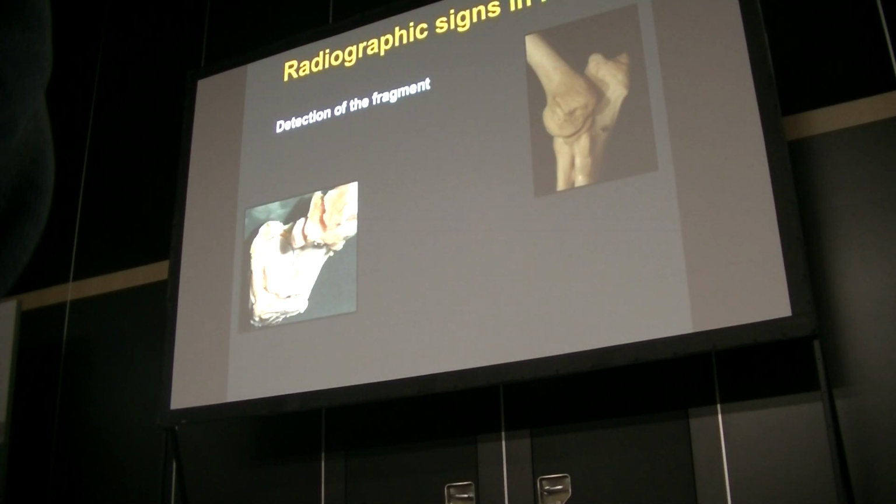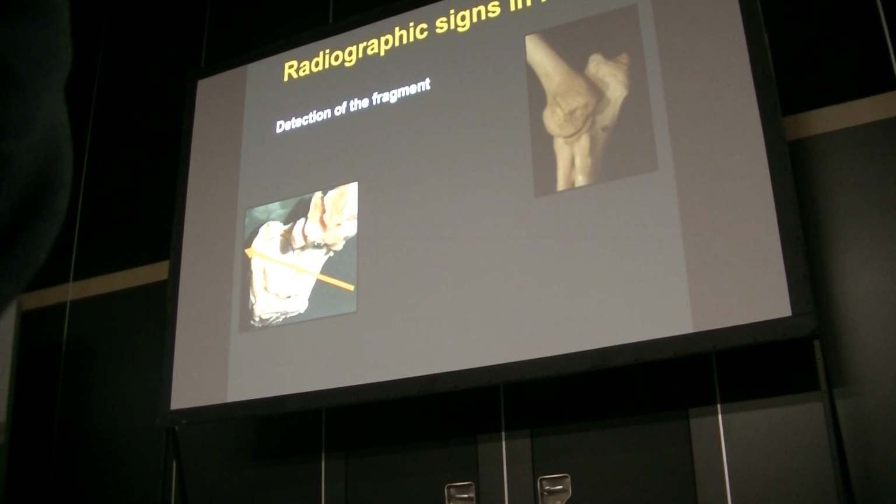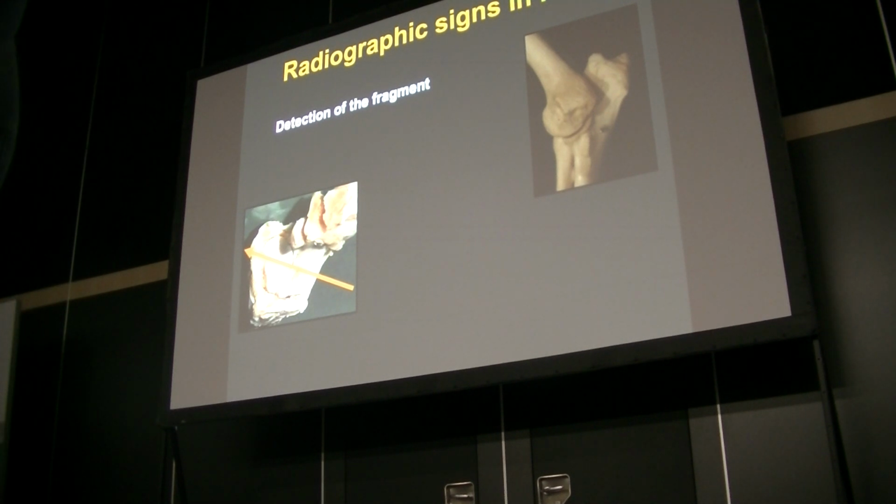So about the radiographic signs of fragmented coronoid process, on a radiograph, of course, we would like to visualize the fragment. And we can, in cases when the fragment is displaced, then it's obvious that we can pick up the coronoid pathology. But usually the fragments are very subtle and non-displaced, and then it's difficult to pick them up on a radiograph.